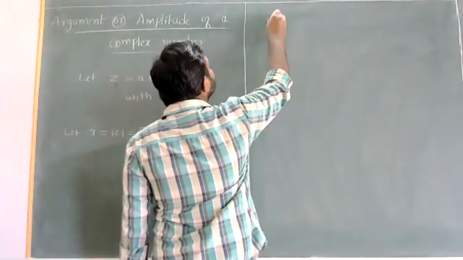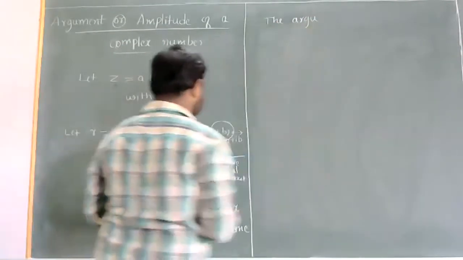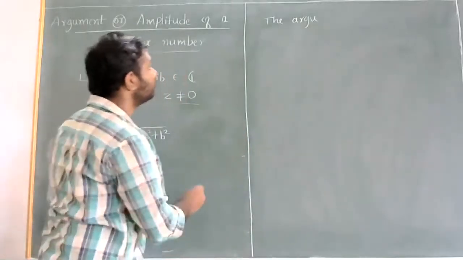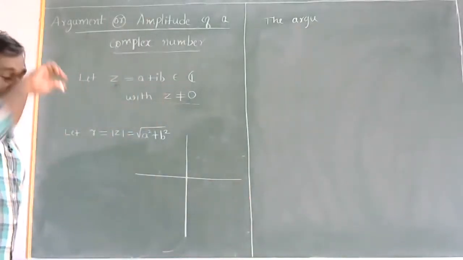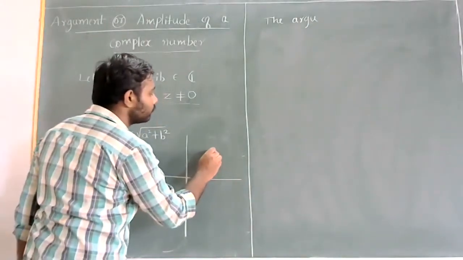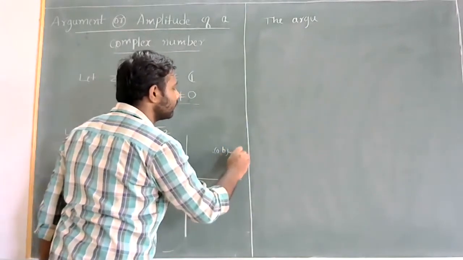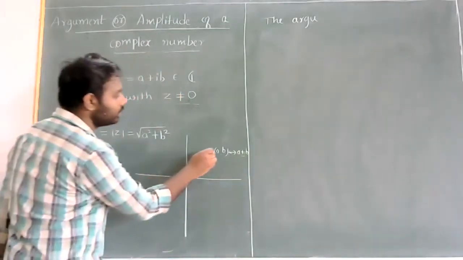First, I'll consider a new diagram. Consider the ordered pair a comma b, which corresponds to the complex number a plus ib.